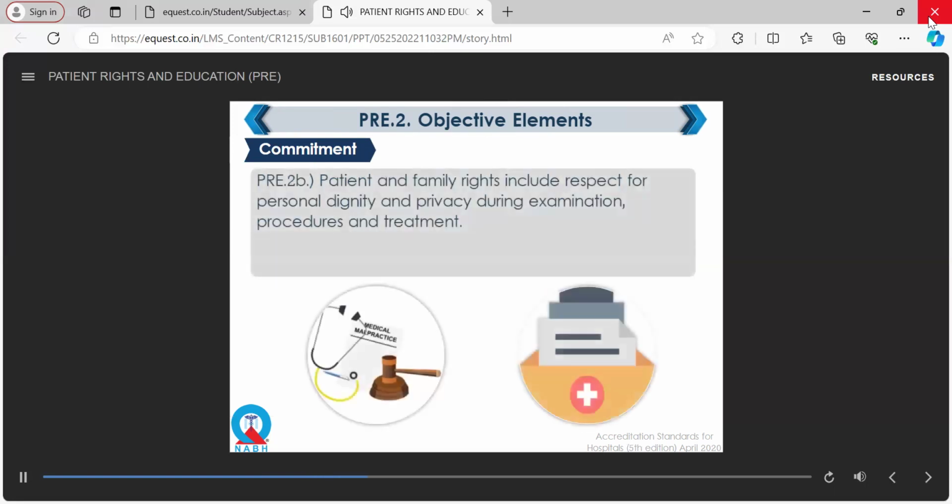The second objective element is a commitment that patient and family rights include respect for personal dignity and privacy during examination, procedures, and treatment. Like when the patient feels the hospital authority is exposing the patient, photographs or video recording.